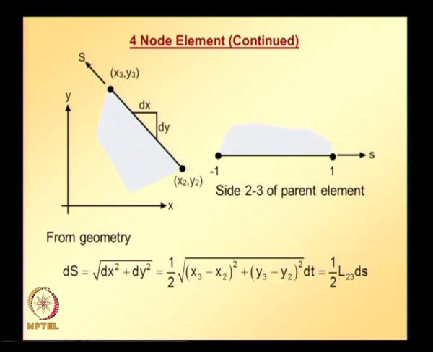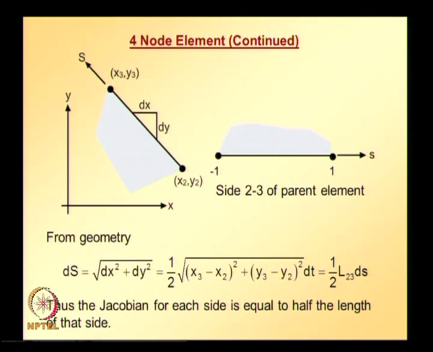So, finally, we get d capital S is equal to L23 over 2 times d small s, where L23 is nothing but the length of side 2, 3. So, the Jacobian, d capital S over d small s, is nothing but the length of side 2, 3 over 2, half the length of that side. The Jacobian for each side is equal to half the length of that side.